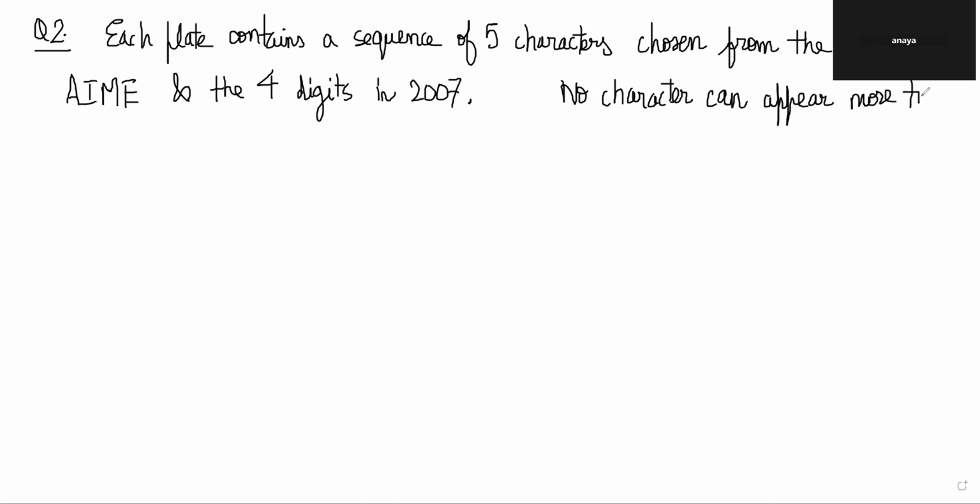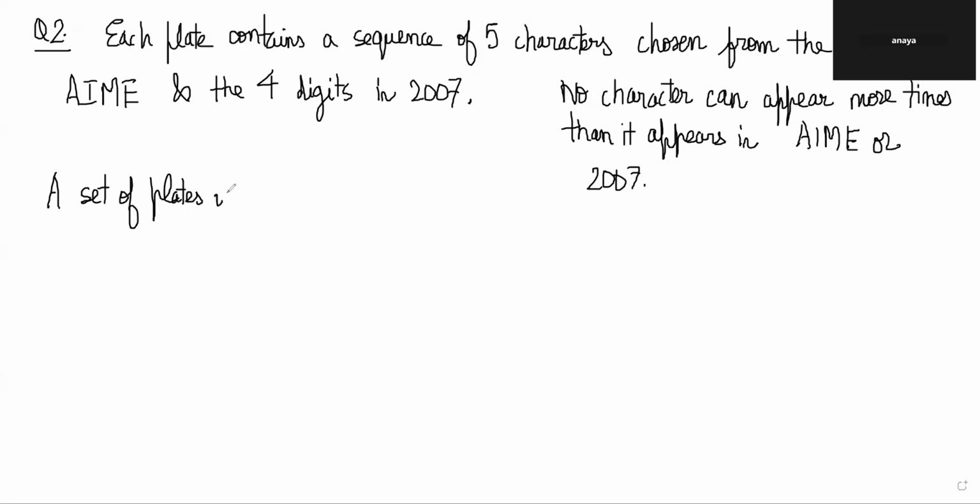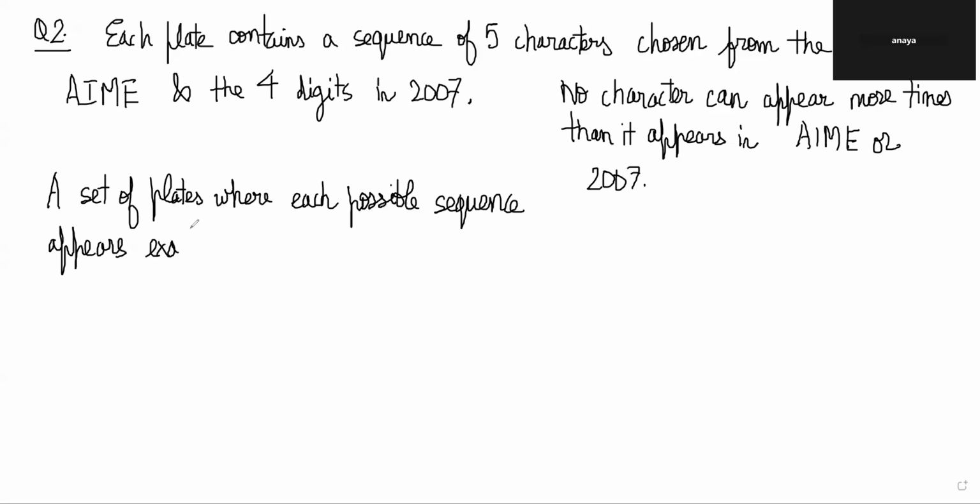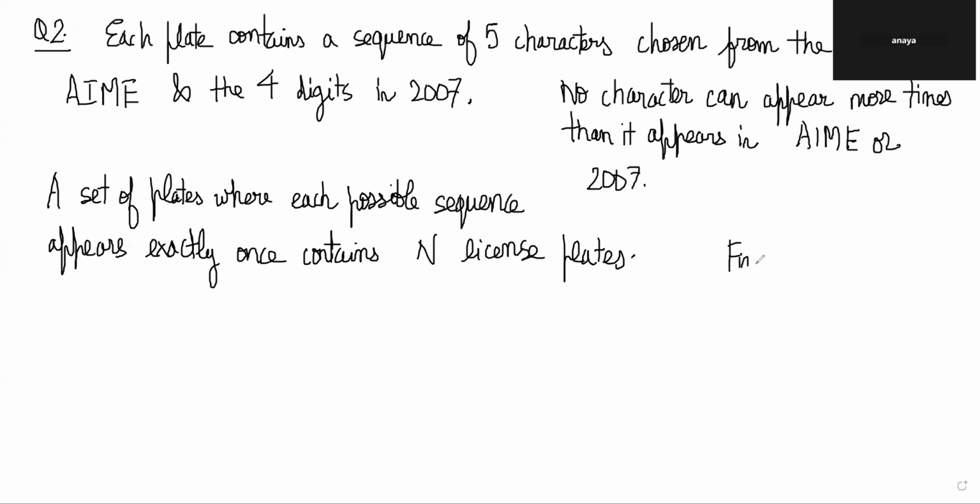A set of plates in which each possible sequence appears exactly once contains n license plates. Find n divided by 10.